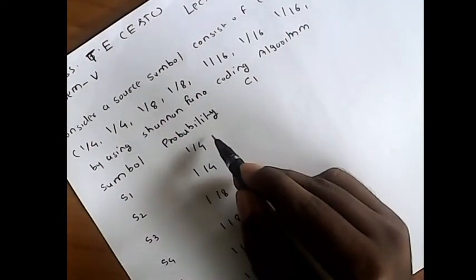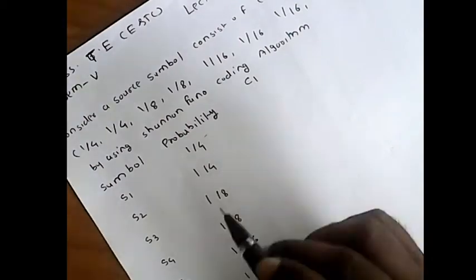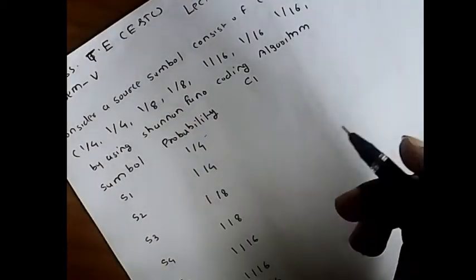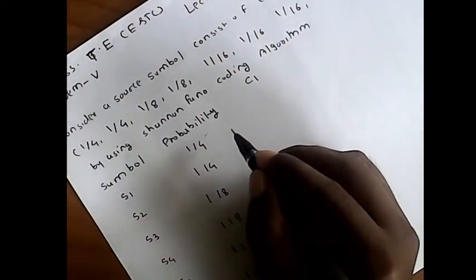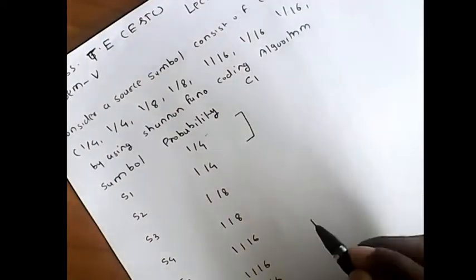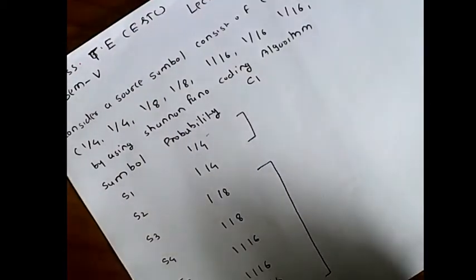For example, S1 and S2 together form the first group, and S3 to S8 form the second group.